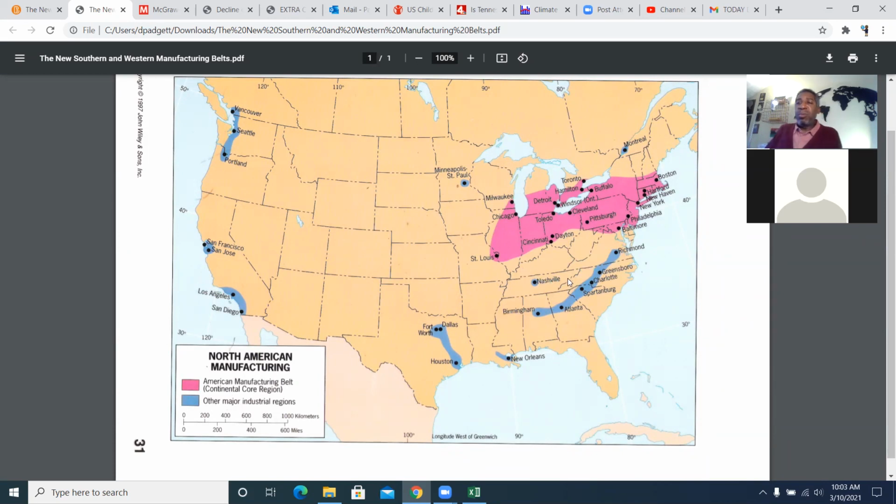And so manufacturing started to shift and expand to the South into Texas. We had these high-tech manufacturing corridors along the West Coast and in Southern California and so forth. As a matter of fact, Chattanooga, Tennessee is called Gig City. I think they have like the fastest internet in the world in Chattanooga, Tennessee.